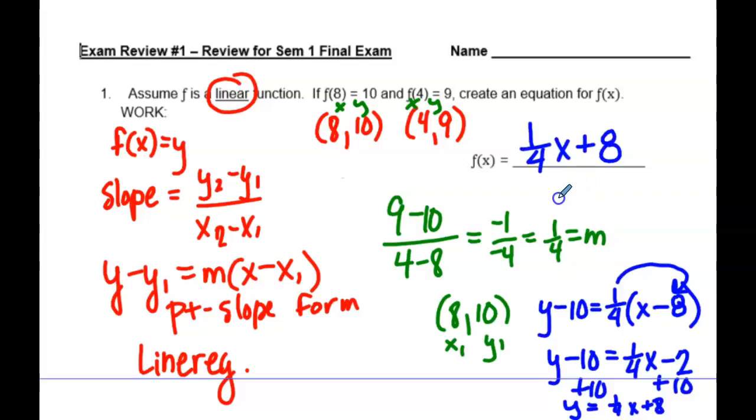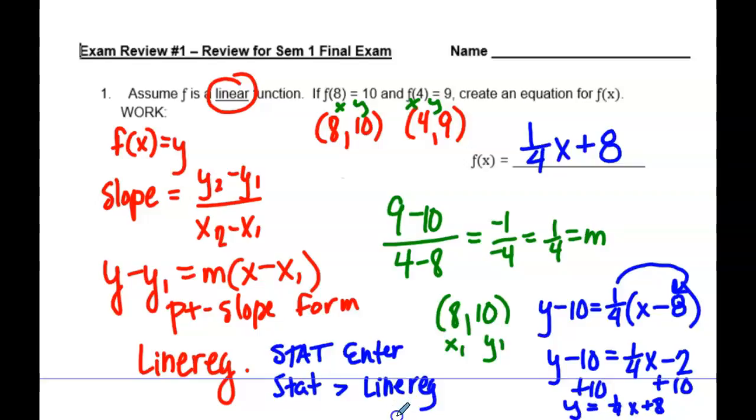Can I refresh your memory how to do it on the calculator? Everybody grab your calculator. Anybody remember how to get to where we enter the list? It is the stat button and then enter. And then when we have it in, we're going to go stat, right arrow over to line of regression.